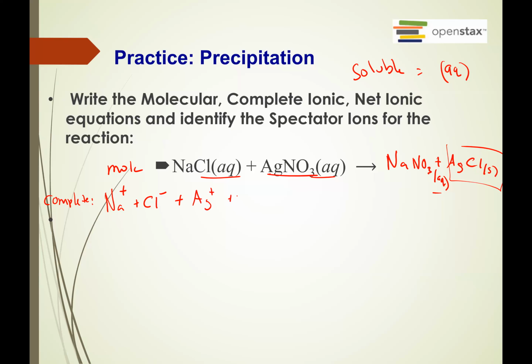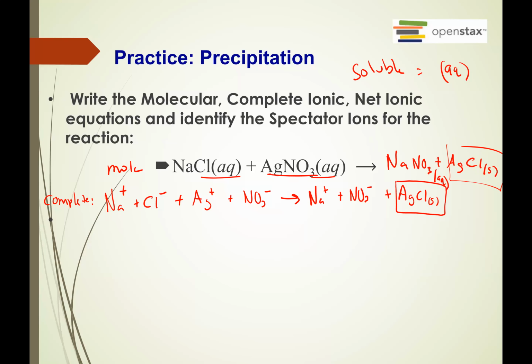Ag plus aq plus NO3 minus aq goes to Na plus aq plus NO3 minus aq plus, and now this is just going to be AgCl solid. And remember, don't take apart the solid.